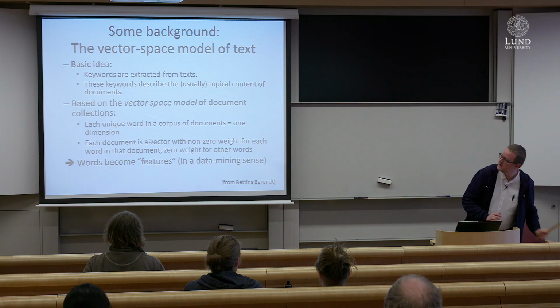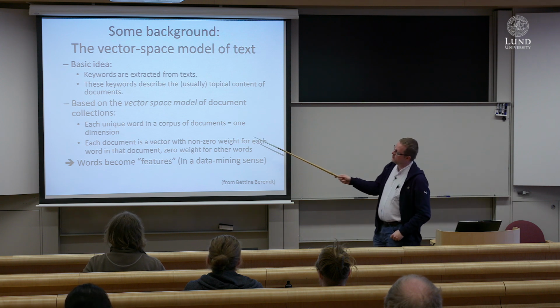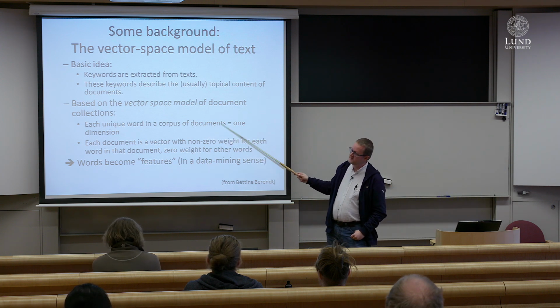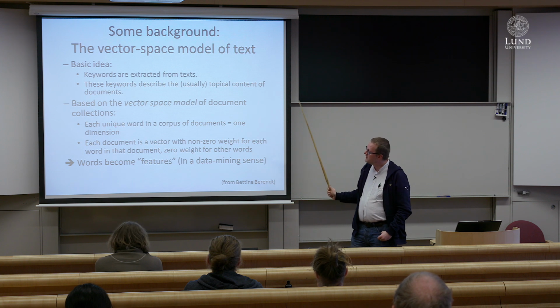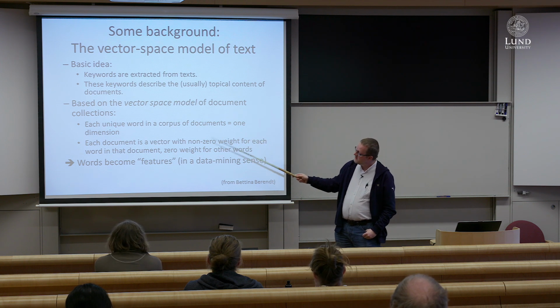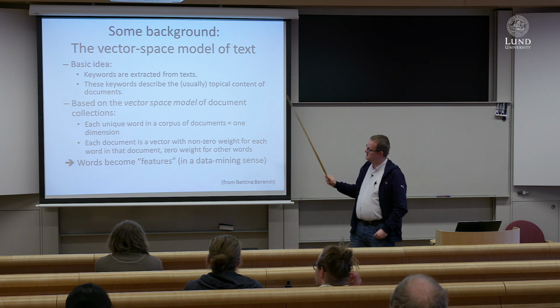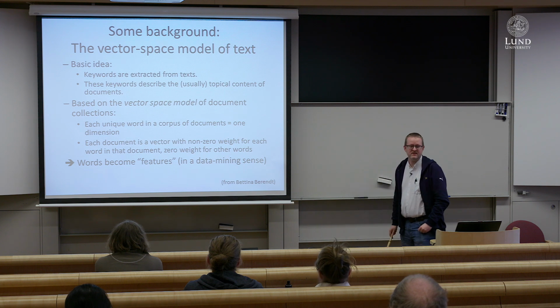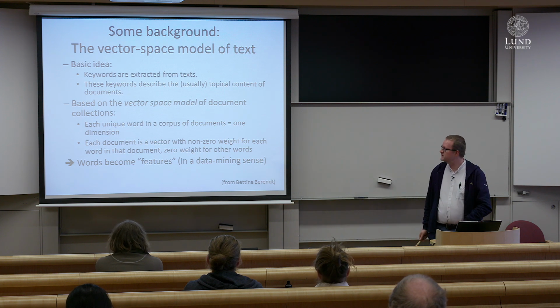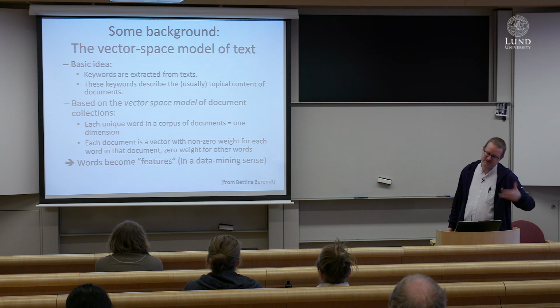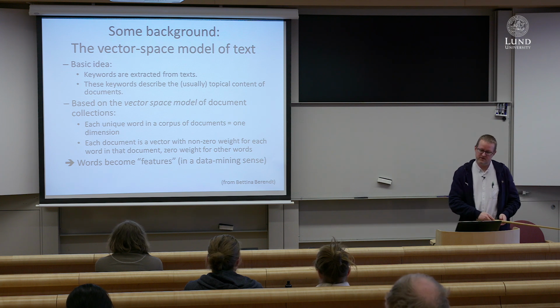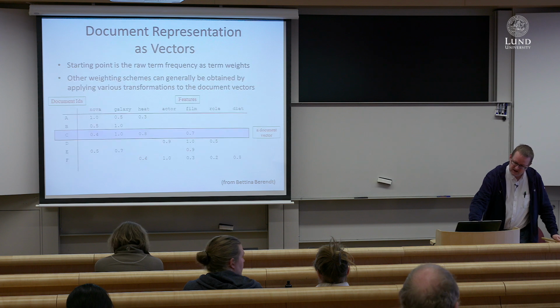And then the vector space model says that in a corpus, each unique word is one dimension. And each document is a vector with a non-zero weight for each word in that document, but with zero weight for the other words. So the words, in some sense, become the features that we use.